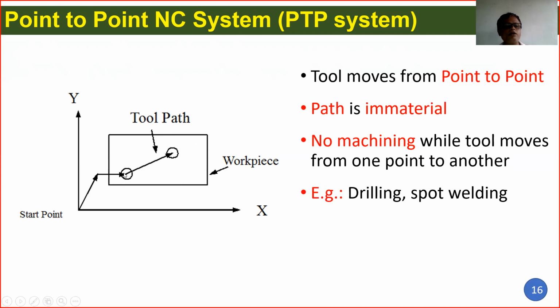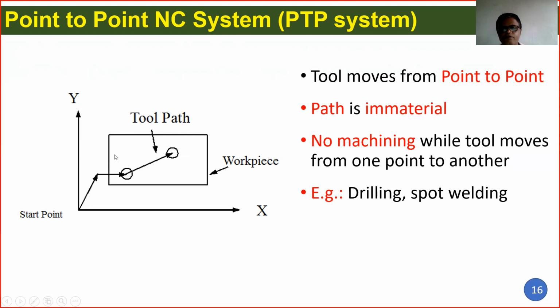This is one point to another point. Path is immaterial. In which path the tool is moving is not at all important. Then there is no machining while the tool moves from one point to another point. These are the points to be remembered when understanding PTP control system.